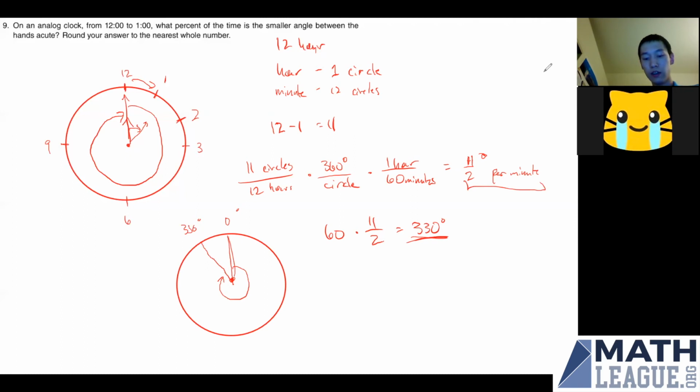Well, if it's going to be acute, it has to be either less than 90 or greater than 270, because if it's greater than 270, then the smaller angle is 360 minus that. So what we're actually looking for is, in this big area, what portion of the circle is acute, which is in this area.